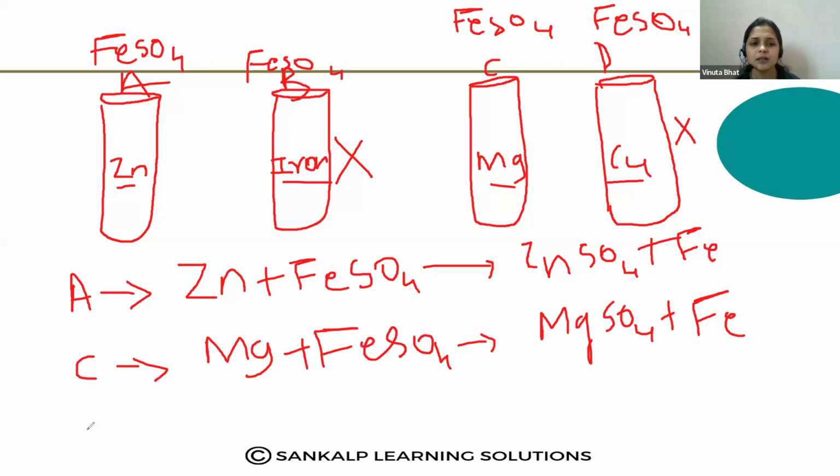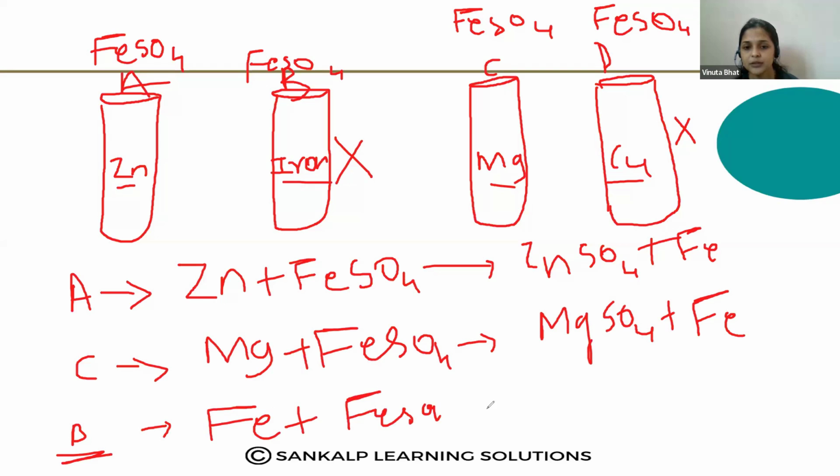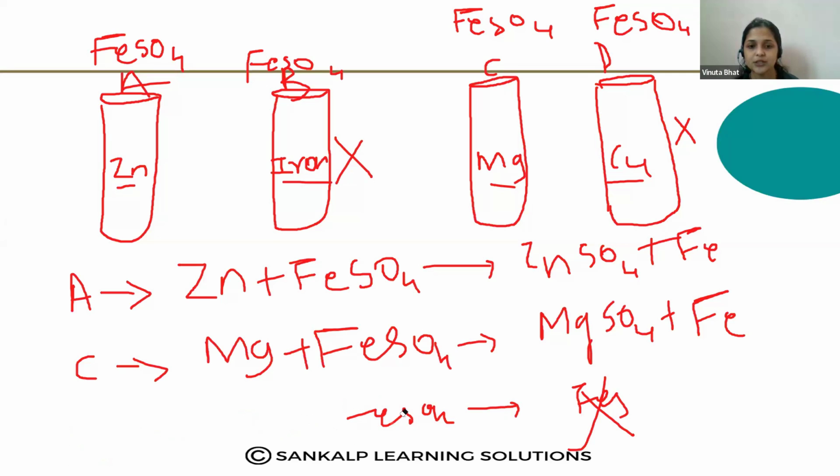But in the B test tube, is it possible for Fe plus FeSO4 to form FeSO4 plus Fe? No, this reaction is not possible. So in the B test tube, no reaction is possible. The reaction will not take place.